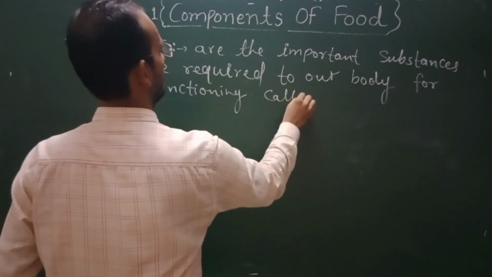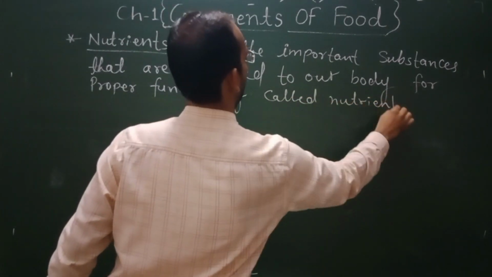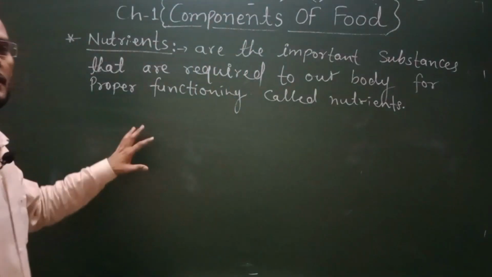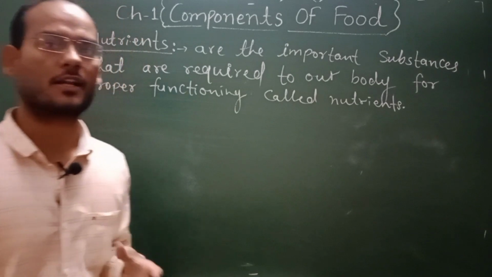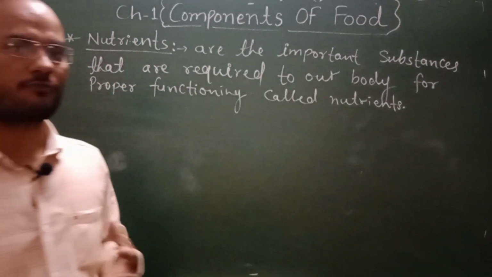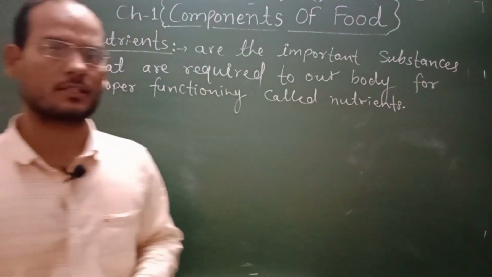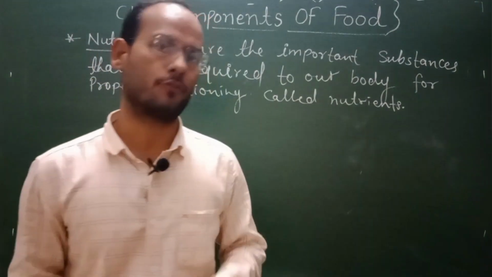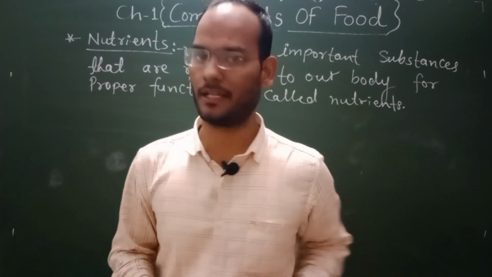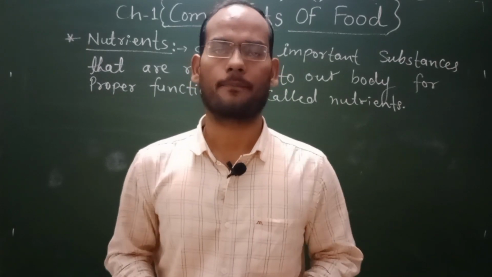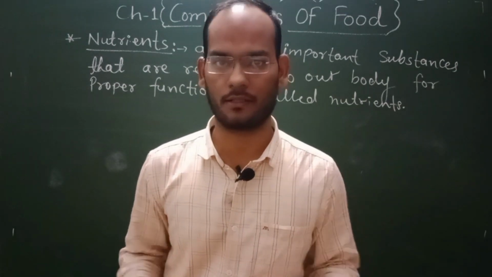Clear? It means the important substances that are required by our body for proper functioning are called nutrients. And these nutrients are present in our food, and we get the food from plants and animals. Our food has 5 major important nutrients.